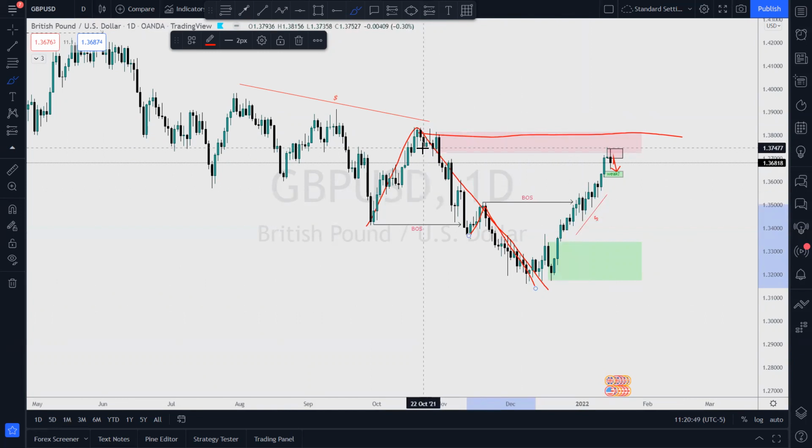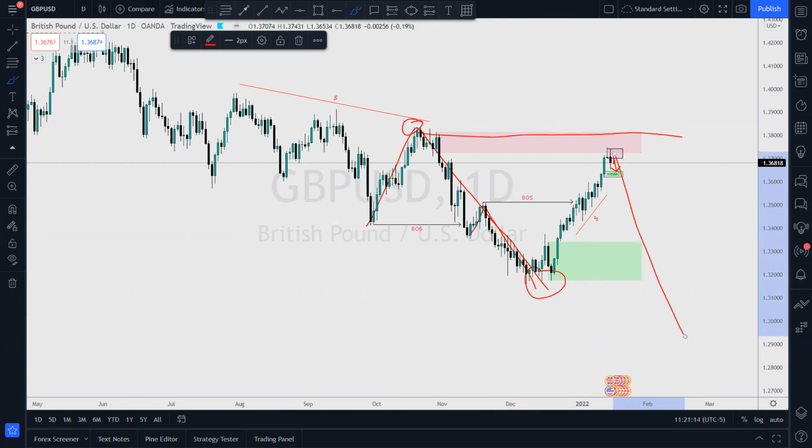But this is a lower time frame. This has a lower value, weight, in regards to this high, that lower high, and this lower low. As long as we're under this high, we could be making a lower low.